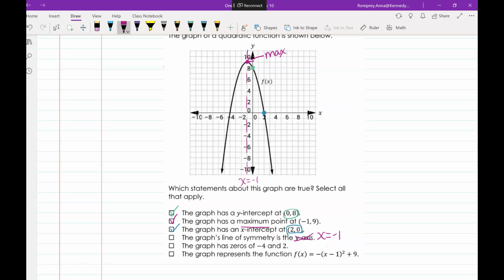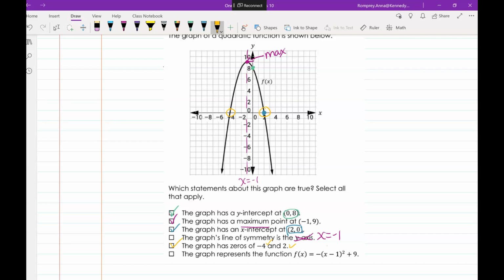So that's not true. Okay, so the graph has zeros of negative 4 and 2. Well, what are zeros? Zeros, roots, x-intercepts. Yes, and yes. Negative 4 and 2. Perfect.